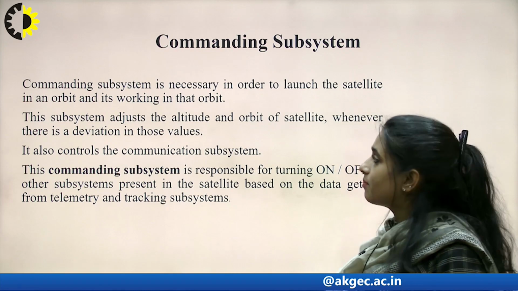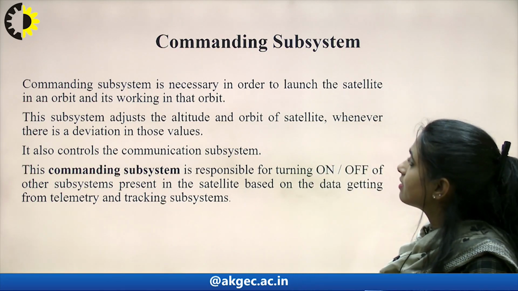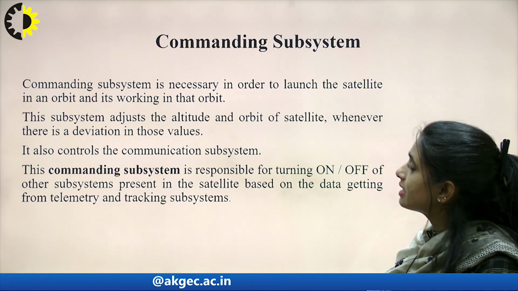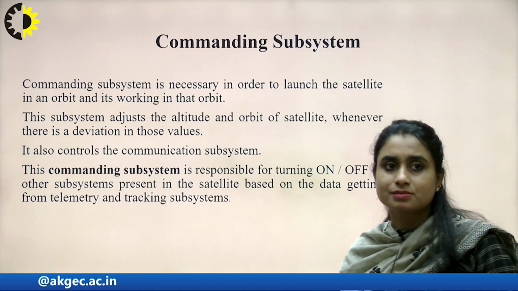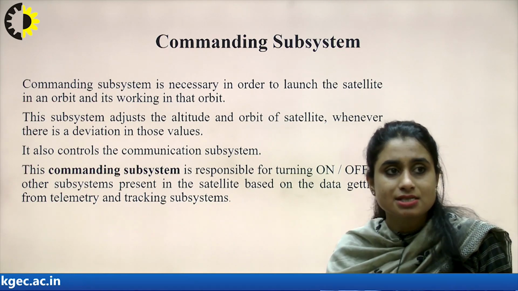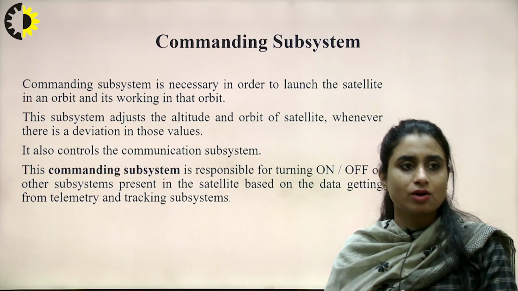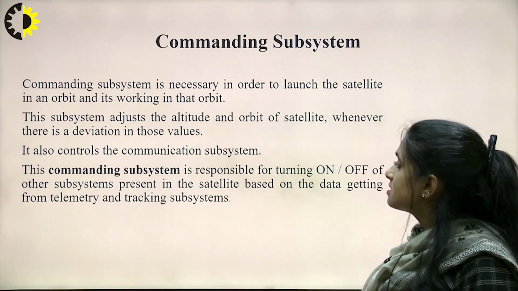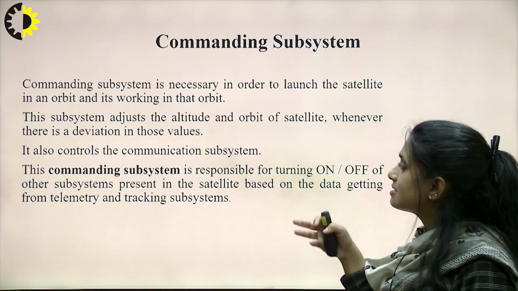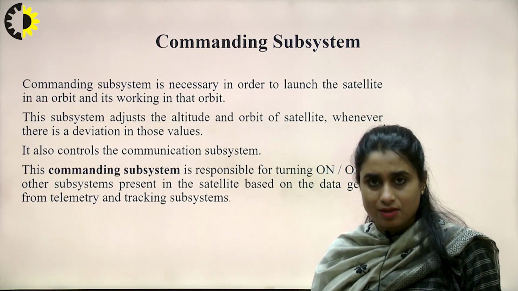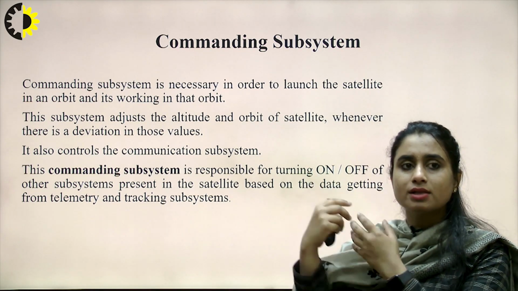And now what does the commanding subsystem do? The commanding subsystem is necessary in order to launch the satellite into an orbit and for its working in that orbit. The subsystem adjusts the altitude and orbit of the satellite whenever there is deviation in those values, right?